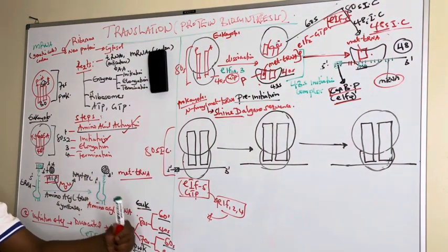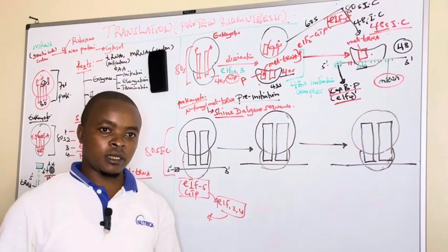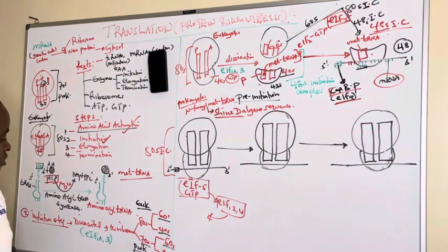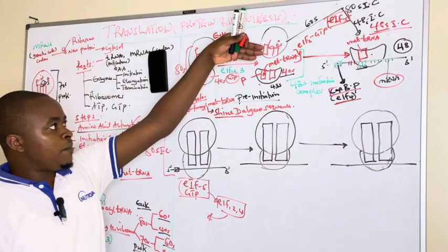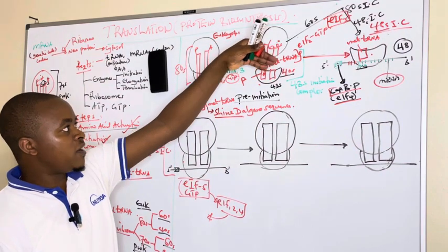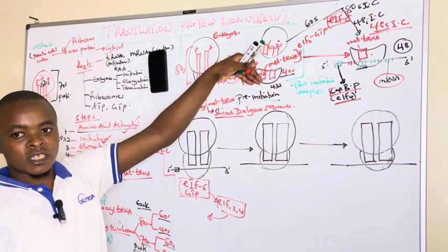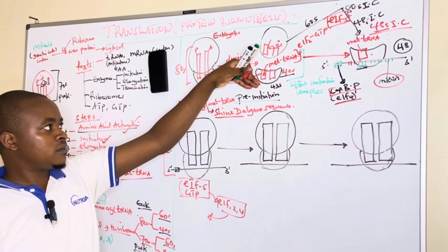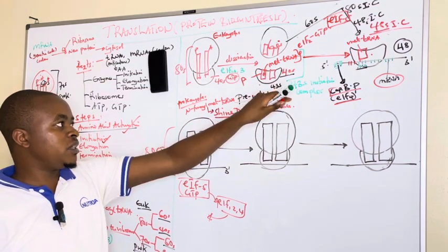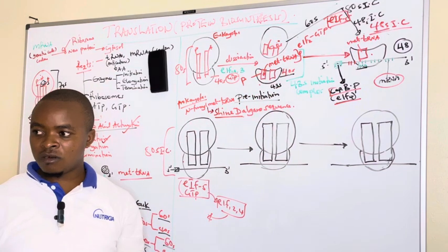So from here we are going to begin the elongation steps. Under initiation, the first step is the dissociation of the ribosome, and after dissociating, we see the methionine transfer RNA binding to the P site in the presence of initiation factor 1 and factor 3 to form the 43S pre-initiation complex.